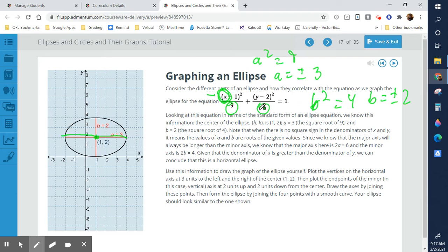And since it's underneath the y value, we know that this is going to be how we control our up and our down, our vertical. So I would go 2 up.